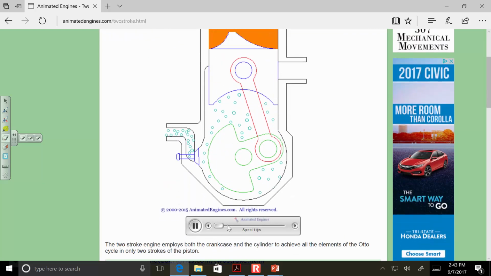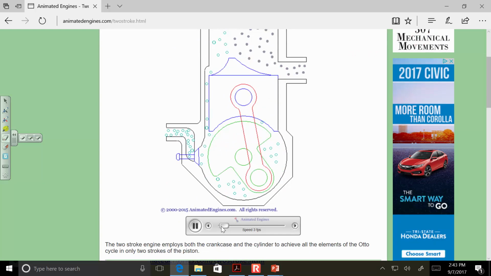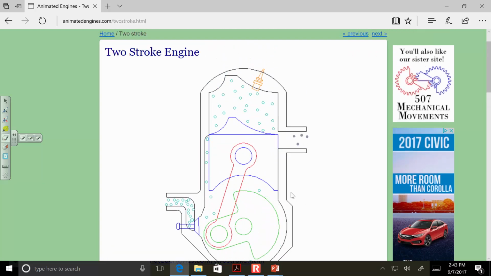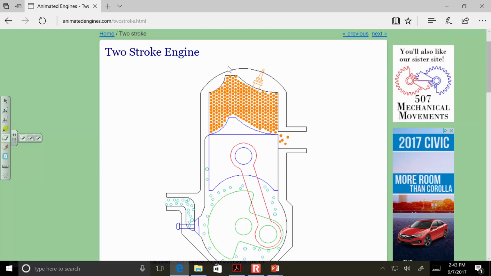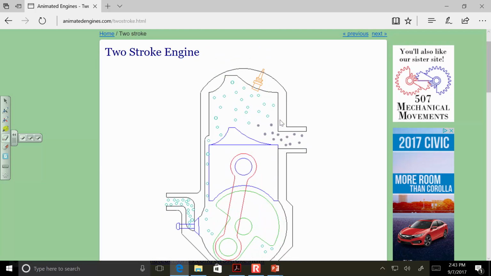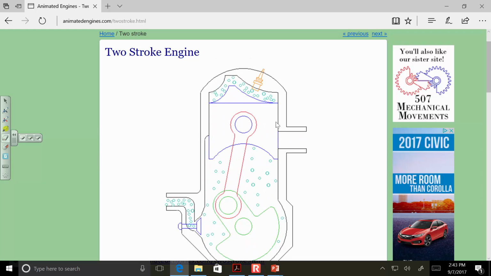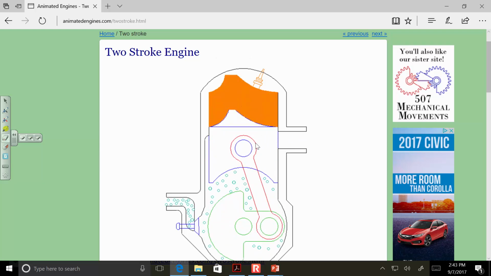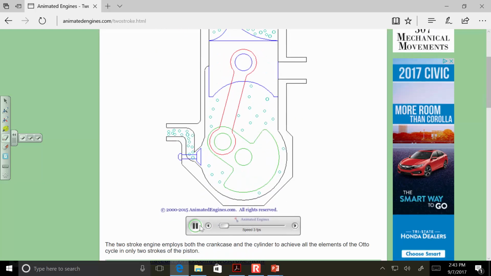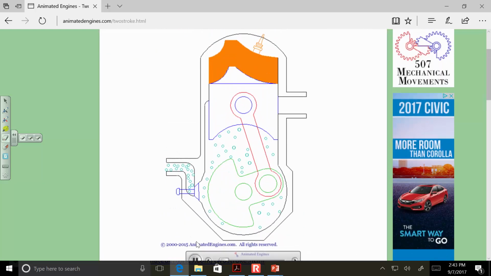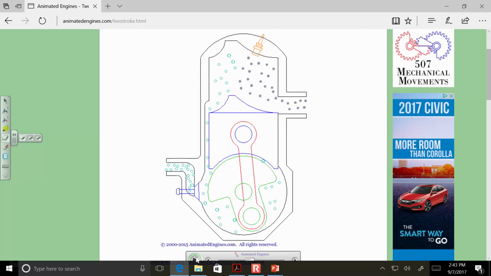So the 2-stroke engine has a power stroke every other stroke, whereas the 4-stroke engine has a power stroke every 4th stroke. So the power output to weight ratio for a 2-stroke engine is much higher. The problem arises because, as you can see in this diagram, sometimes as we're venting these byproducts of combustion, we also vent unspent fuel.